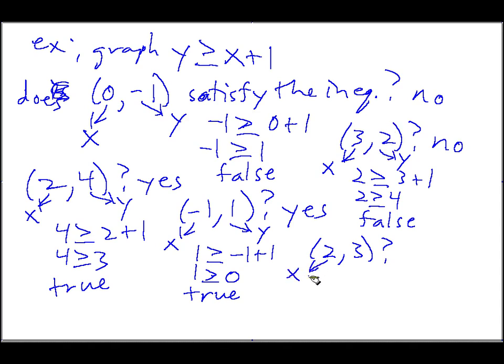So 2 for x, 3 for y. So 3 greater than or equal to, y greater than or equal to x plus 1, 2 plus 1. So 3 greater than or equal to 3. Well, in this case, 3 is equal to 3. It's not bigger than itself, but it is equal to itself. So this is true again, and so again, the answer is yes. So as you can see, I've tested 2 points that do not satisfy the inequality, and 3 points that do satisfy this inequality.